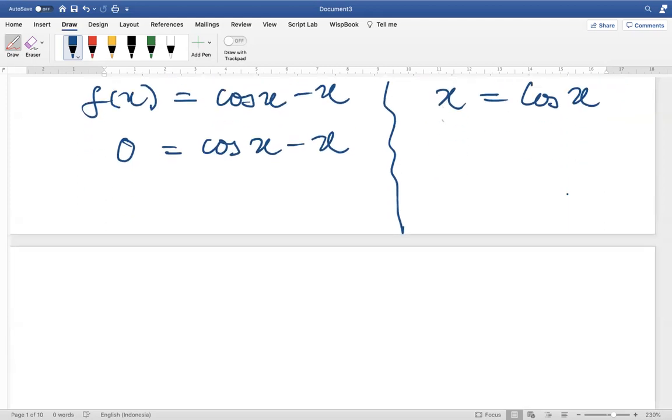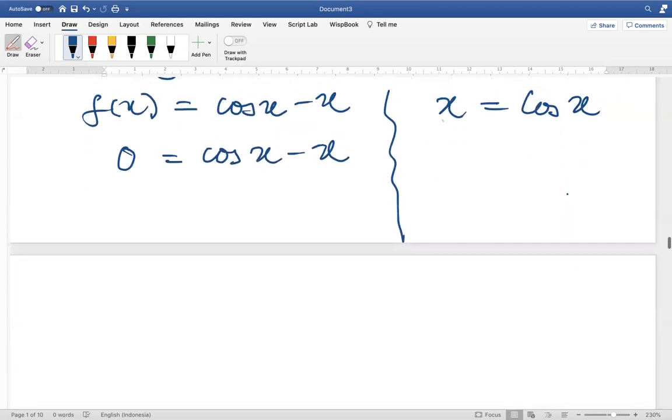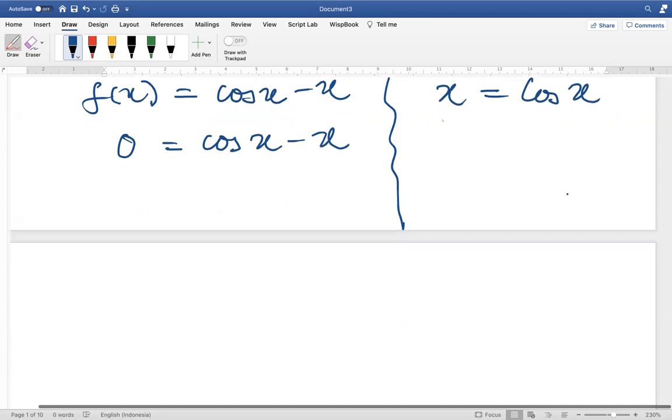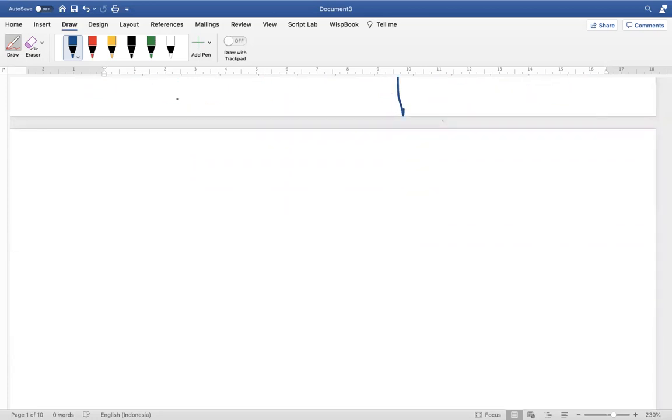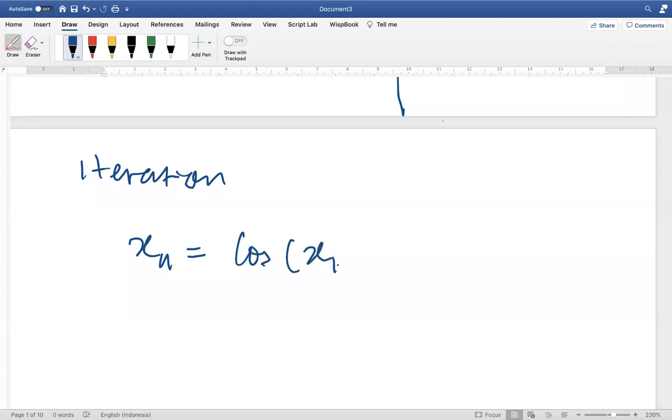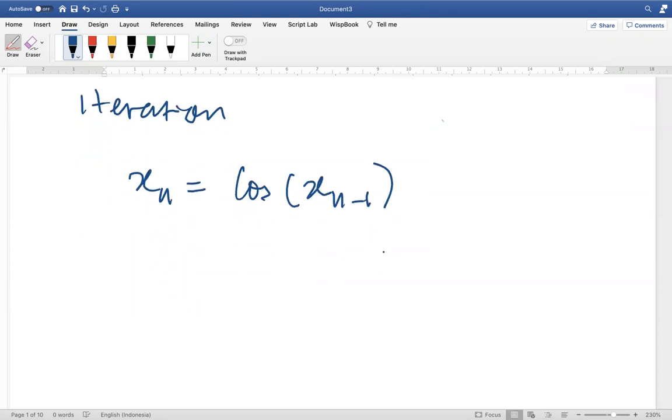Then we have the iteration. The iteration will work like this: x_n equal cos x_(n minus 1). You start from n equal 1, 2, 3 and so on.